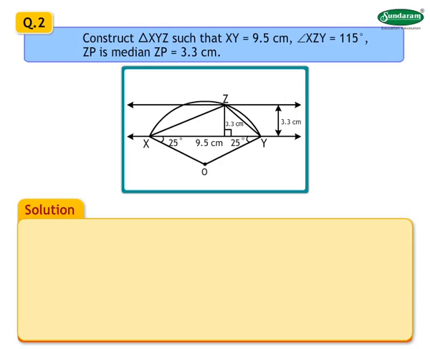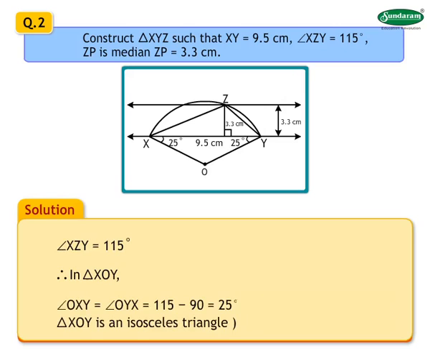It is given that angle XZY is equal to 115 degrees. Since angle XZY is greater than 90 degrees and triangle XOY is an isosceles triangle, therefore, in triangle XOY, angle OXY is equal to angle OYX is equal to 115 minus 90 is equal to 25 degrees.